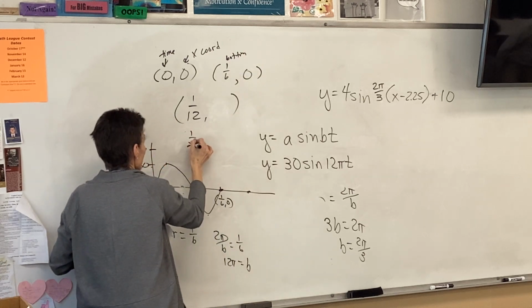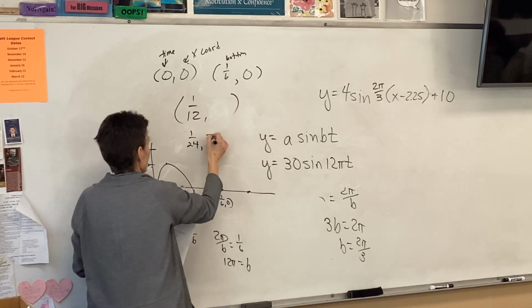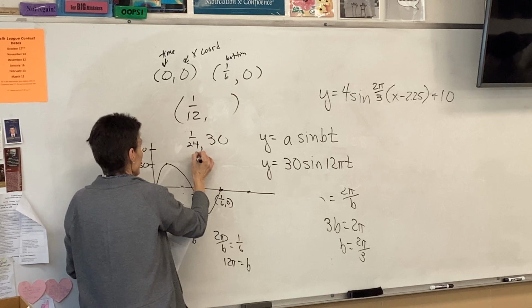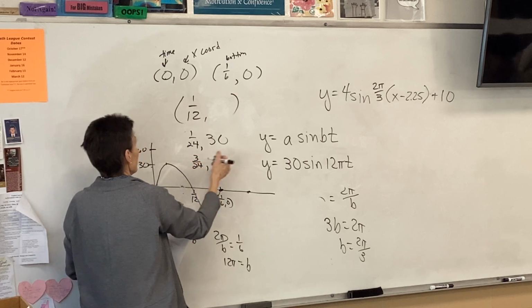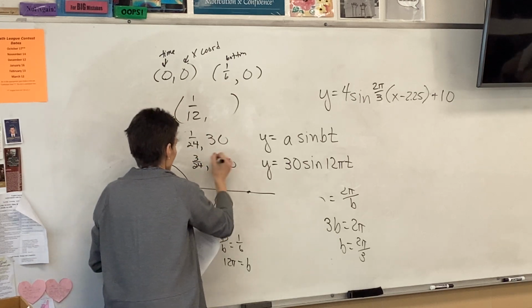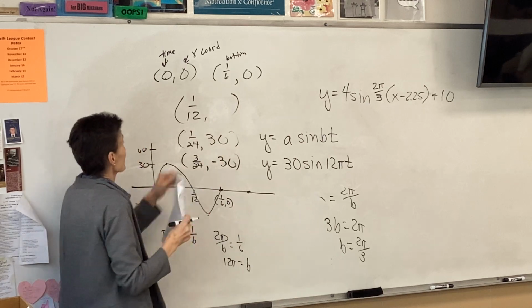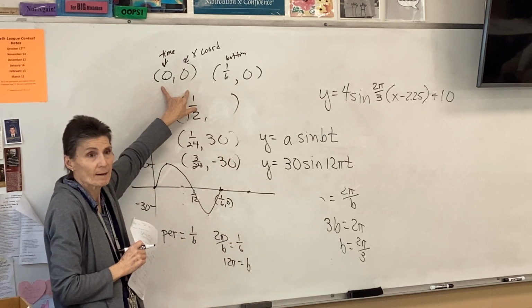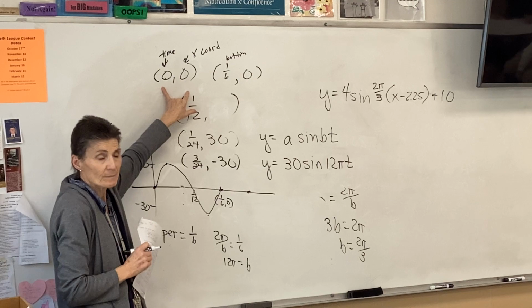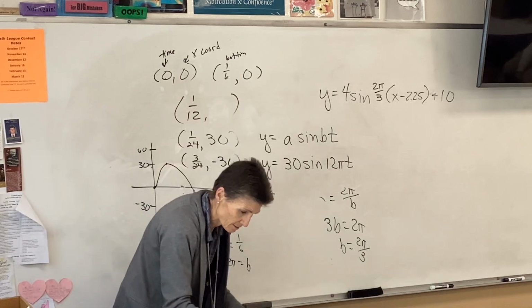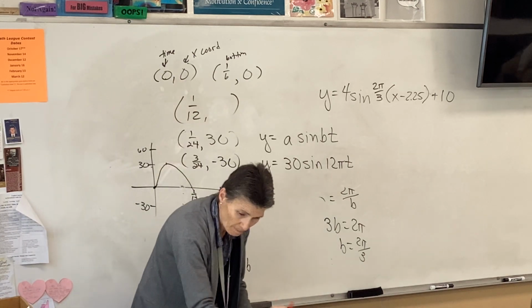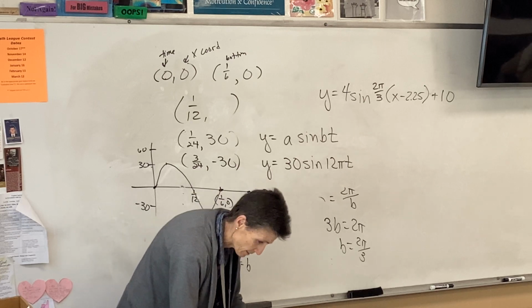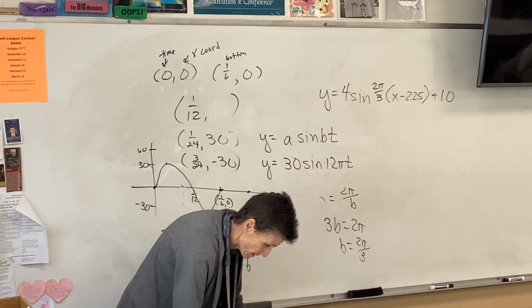So at 1/24th, it would be on the right, and that's 30. And at 3/24ths, it would be on the left, and that's -30. Yeah, so that's the way your ordered pairs are supposed to be set up. Okay, so I need to clarify that, I didn't. Okay, what other mistakes can I find?